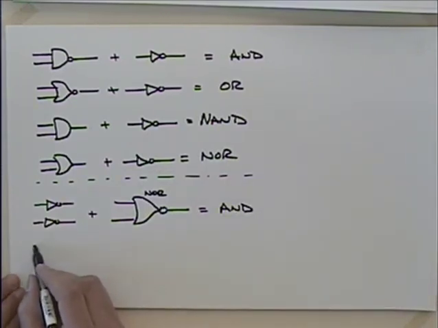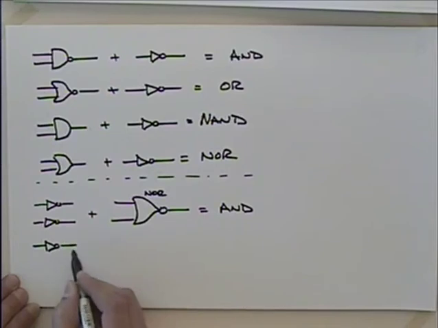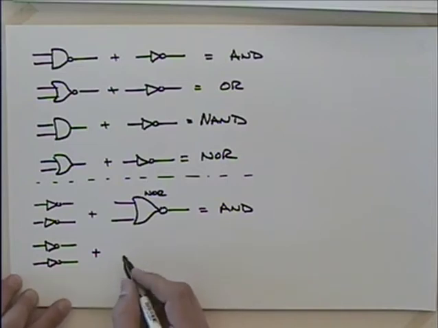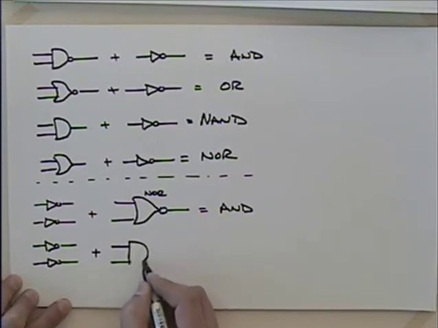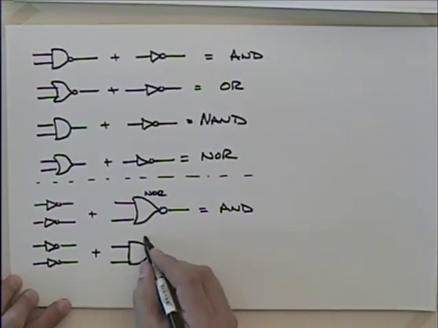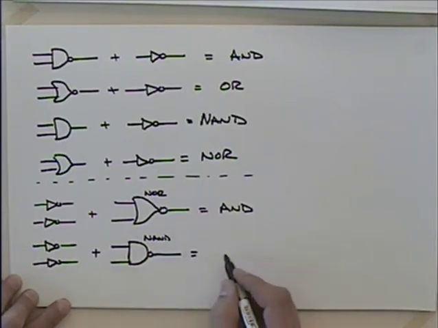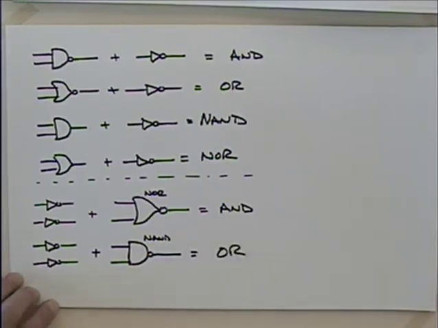And if I take a couple of inverters here and add them to the front side of a NAND, so there's a NAND, we are getting an OR. Okay.